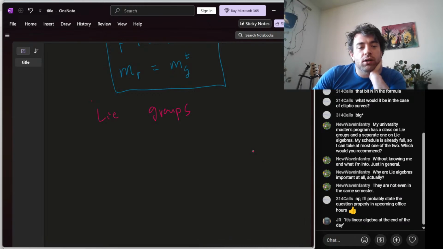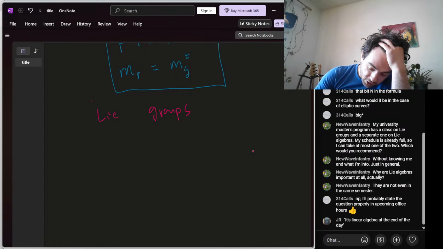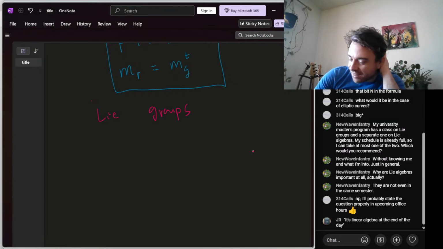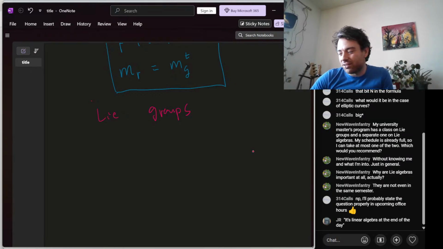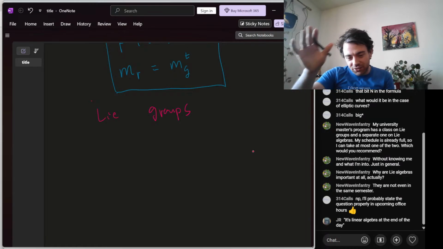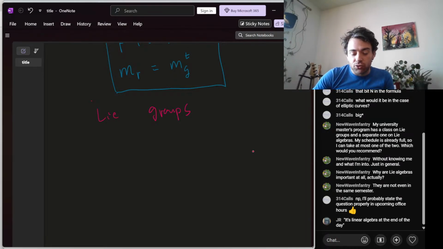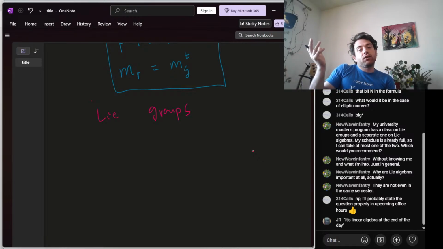Another reason to care about Lie groups is, let's say you're fascinated by groups in general and you want to understand them. I was ranting at the end of last time that there's so much more to group theory than the classification of finite simple groups. I was arguing that that's half of the story and it's the easier half. But let's say you just focus on that half. We've classified all the finite simple groups, so now we need to move on to infinite groups. Where do you start?